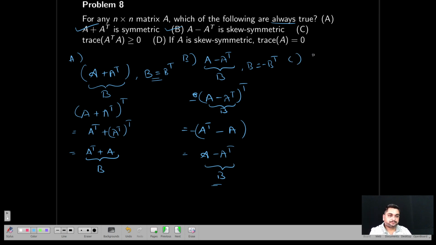Next C. Trace of A transpose into A is greater than or equal to 0. So A transpose into A greater than or equal to 0, there is a property.